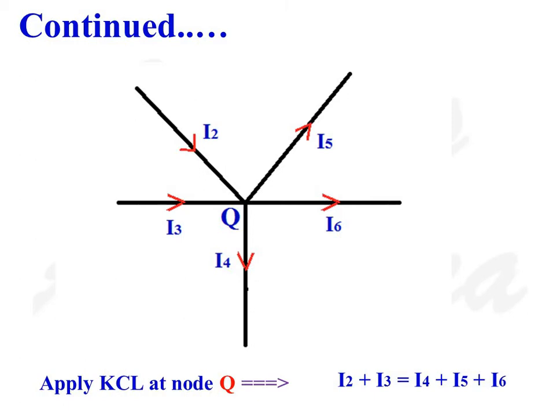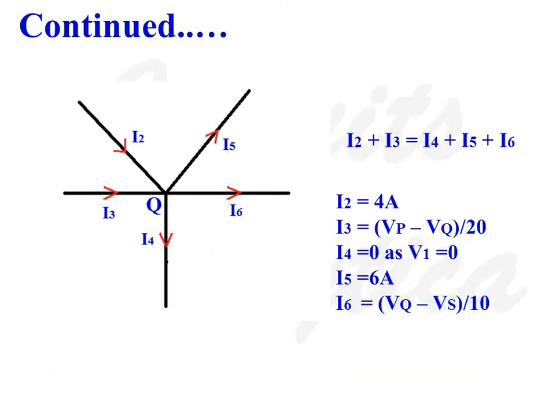Out of these, I2 and I3 are incoming currents while I4, I5 and I6 are outgoing currents. So according to KCL we can write I2 plus I3 is equal to I4 plus I5 plus I6.